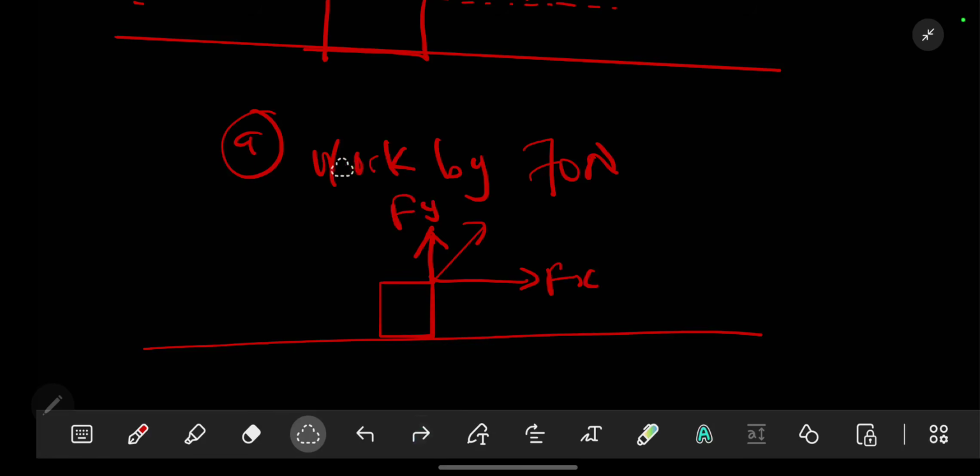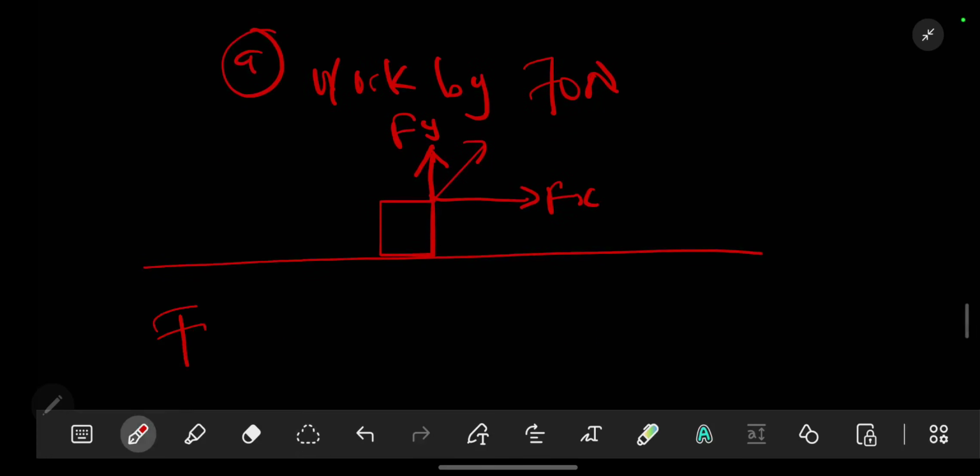So for the work done by that, let us find our Fx and Fy, because we are going to use them later on. Remember from your knowledge of vectors, if you have the angle 30 here, let's begin with x. x is the base, so it will be equal to the force times the cos.